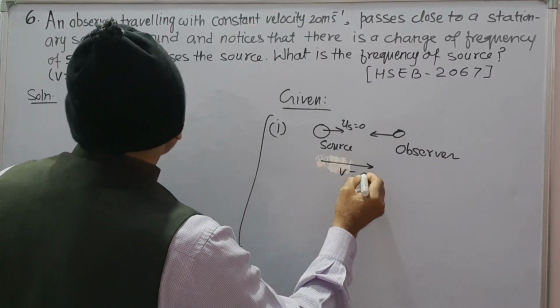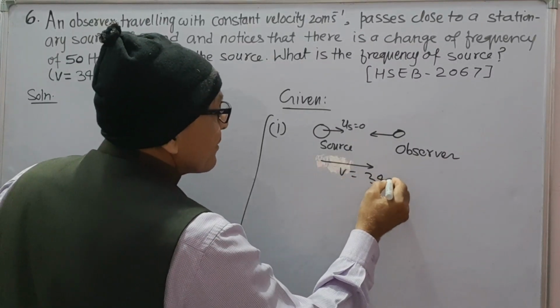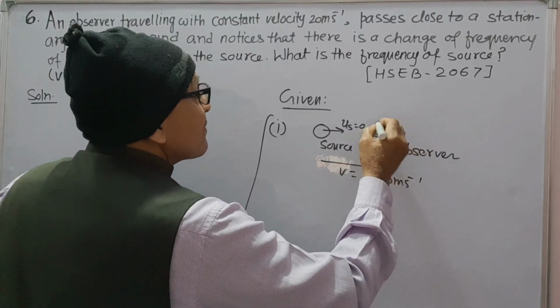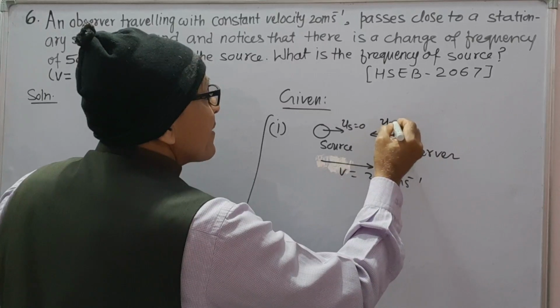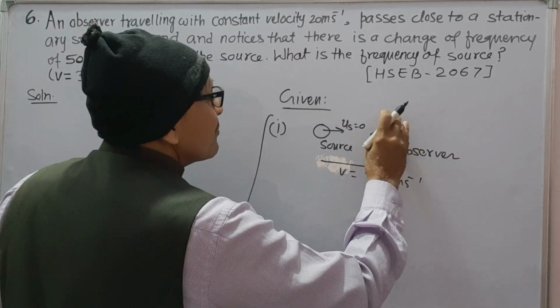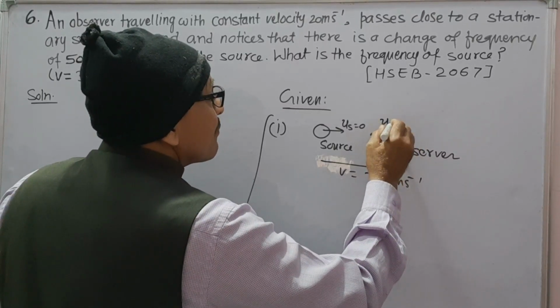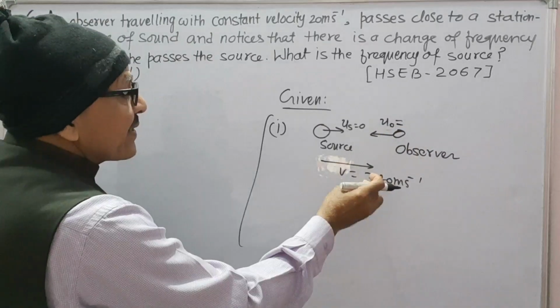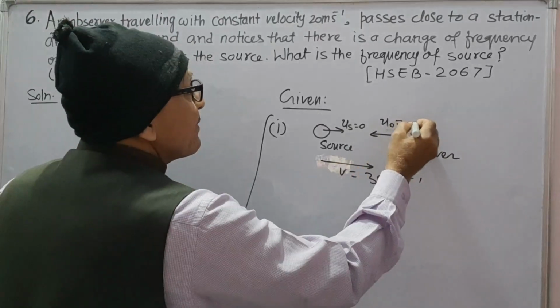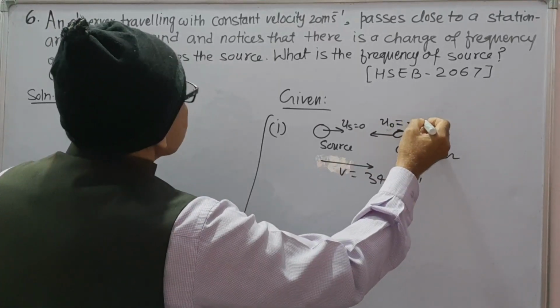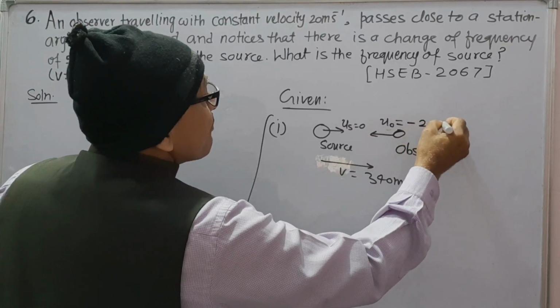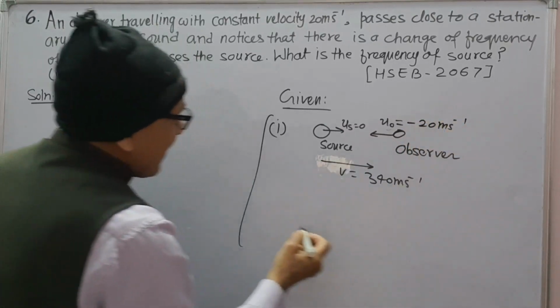V is 340 meter per second. Observer's velocity UO will be equal to, its direction is opposite to that of V, therefore it will be negative 20 meter per second.